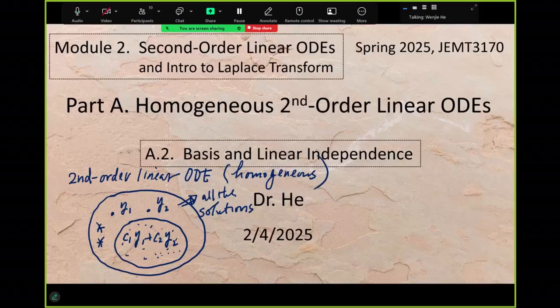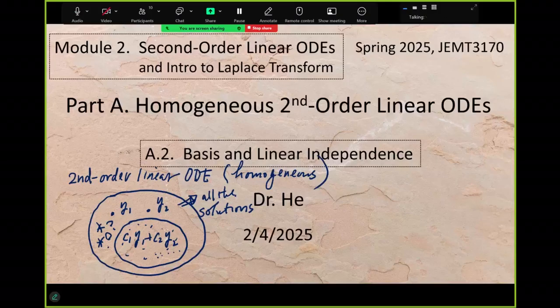You don't know. Is it possible you have a chance to find some other solutions that cannot be represented by the linear combination of y1, y2? That's the question. We don't know.